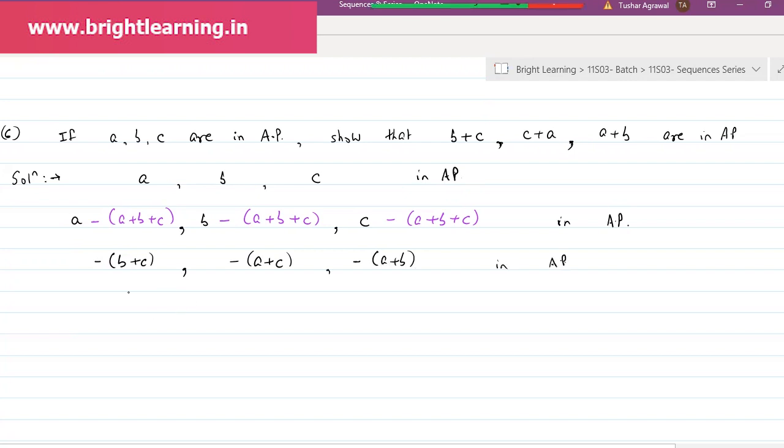So now multiply by the same constant, multiply by negative 1. So B plus C, A plus C, and A plus B are in AP. True.